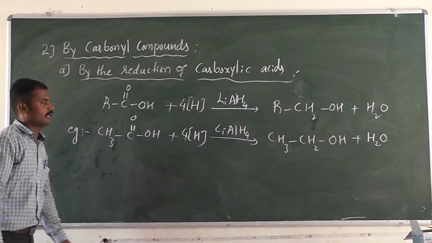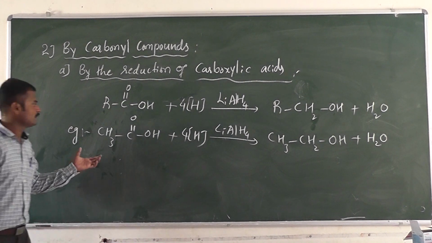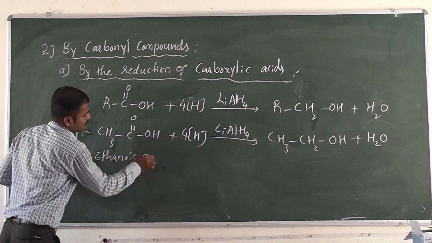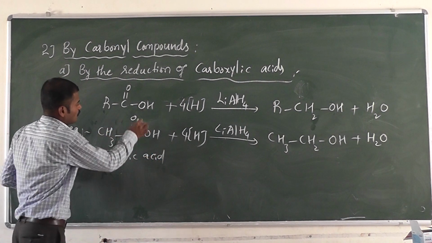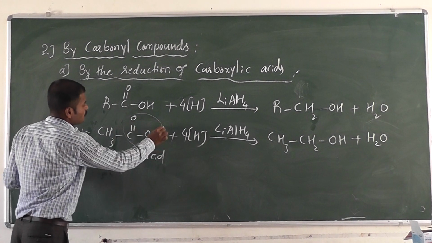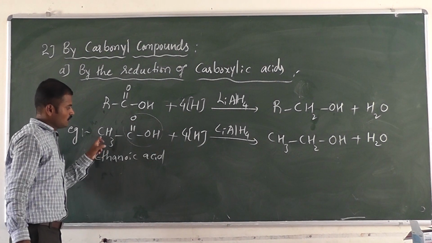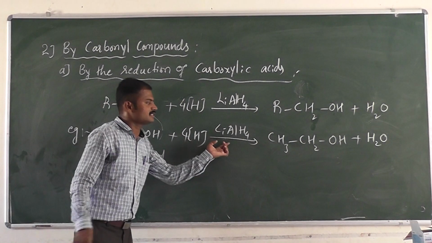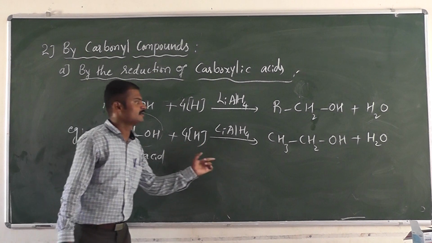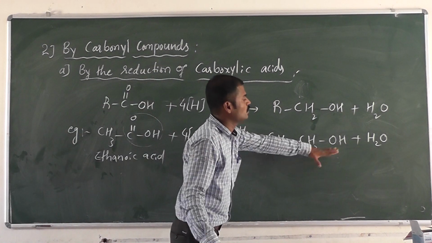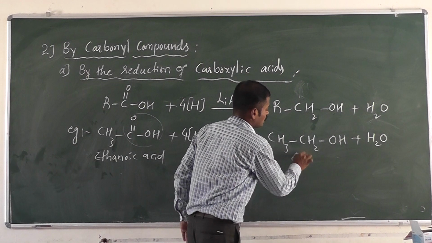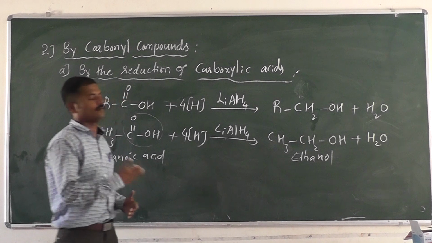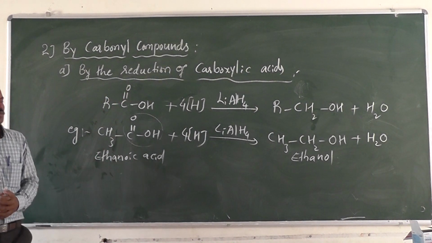This is ethanoic acid, because this is the carboxylic group, the COOH group is there with carbon CH3, 1, 2 carbons, therefore ethanoic acid undergoes reduction in presence of lithium aluminium hydride forming ethyl alcohol. This is ethyl alcohol, also called ethanol, plus H2O.